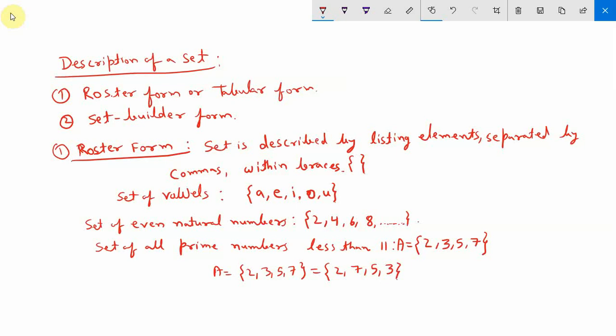Order does not make any difference. You can note it down. First, order in which the elements are written makes no difference.